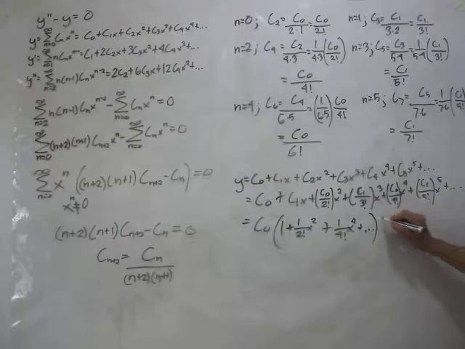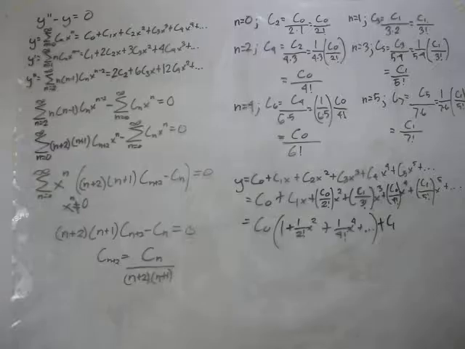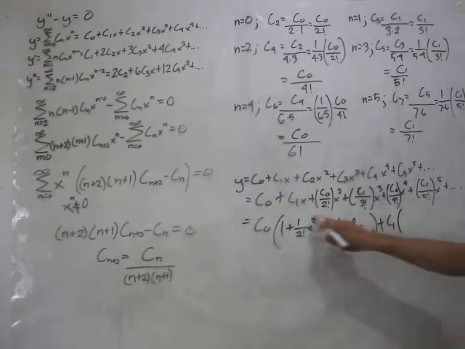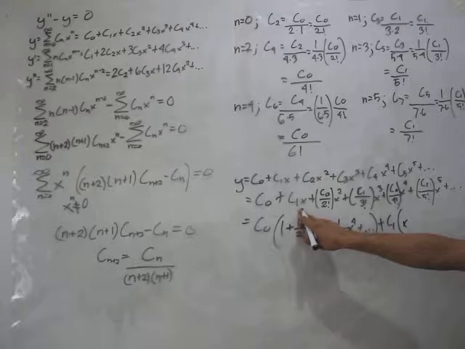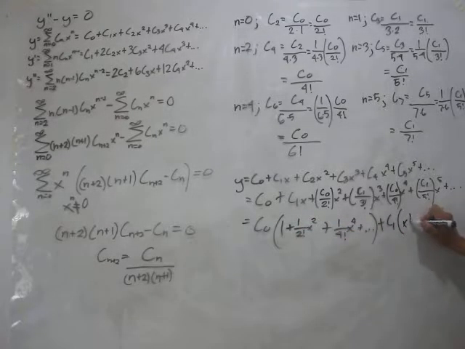And now is c1. We have c1 times x plus 1 over 3 factorial x cubed, and lastly plus 1 over 5 factorial x to the fifth, and so on.